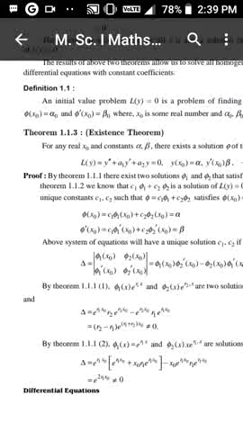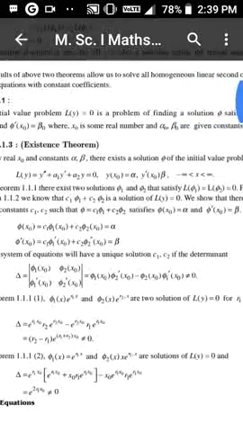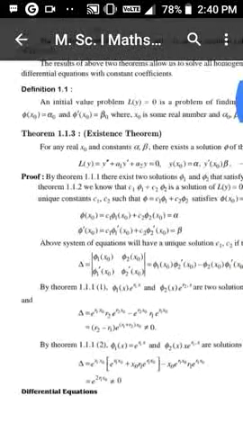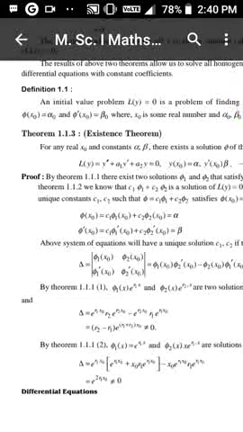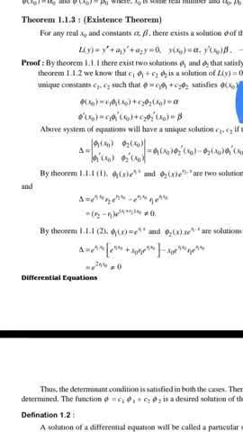By the first theorem, phi1 of x is e raised to r1x and phi2 of x is e raised to r2x are two solutions of L of y is equal to 0 for r1 not equal to r2, and delta is equal to r2 minus r1 e raised to r1 plus r2 x naught, which is not equal to 0.